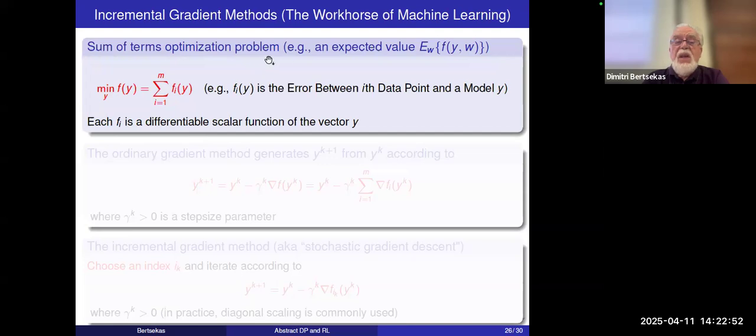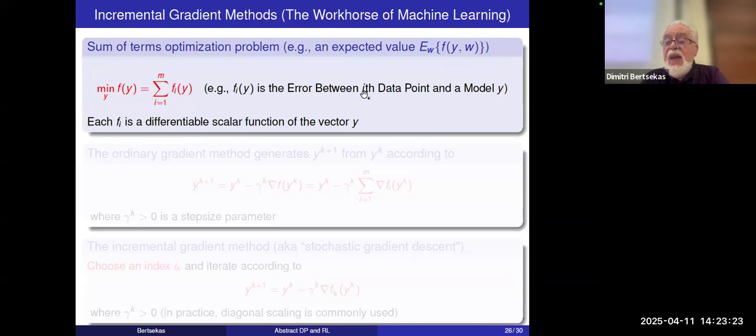And they apply to a particular problem, minimizing a sum of terms, fi. The cost function f of y, where y is the optimization variable, is the sum of many, many terms. And fi of y typically represent the error between the ith data point and a model y. Y represents a model within the class that you're interested in.